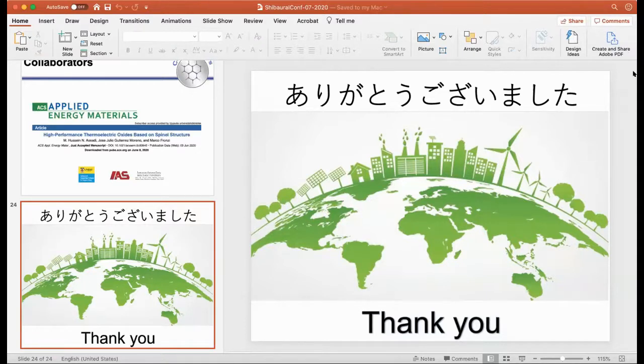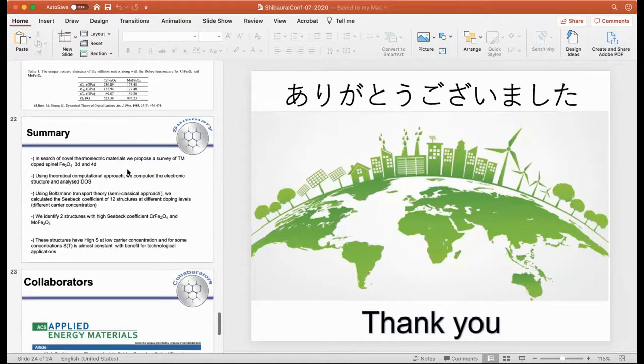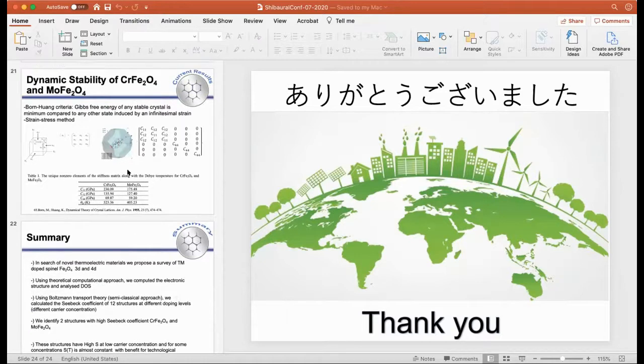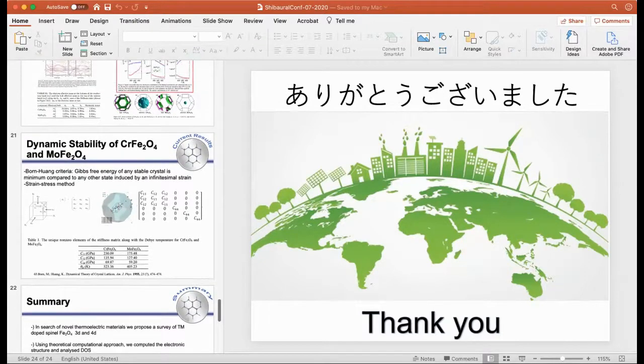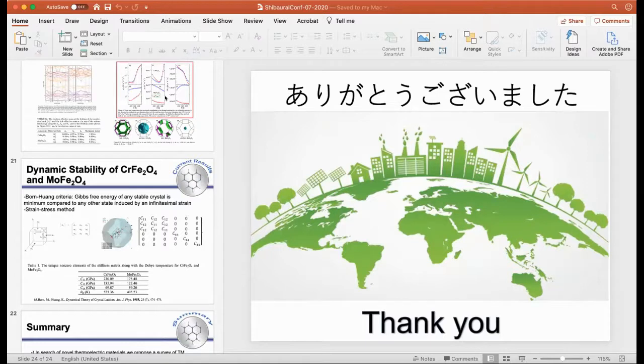Commonly, oxide materials have a good Seebeck coefficient, but the electrical conductivity and thermal conductivity are not very good. So I have a question about those two parameters.